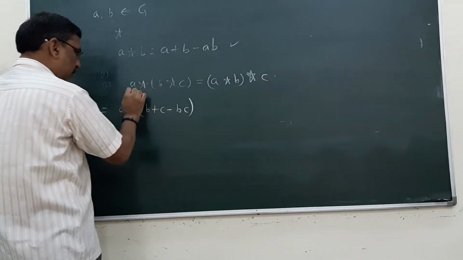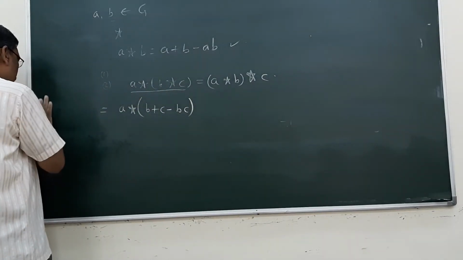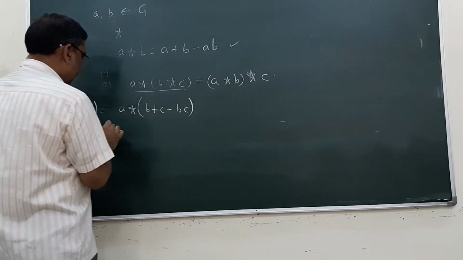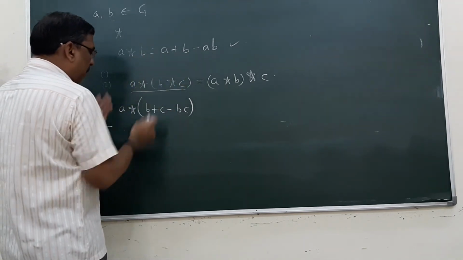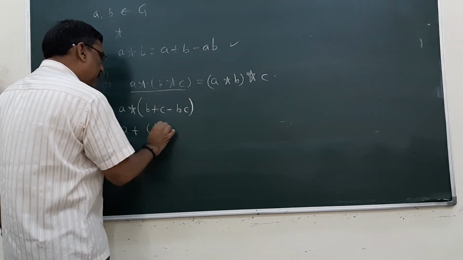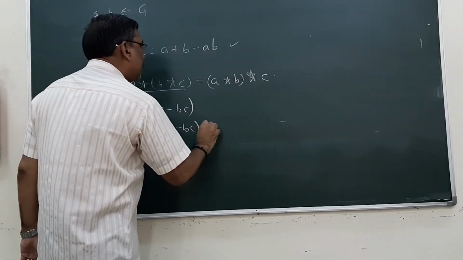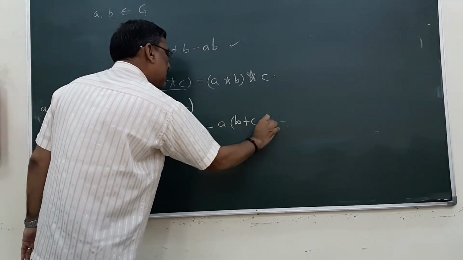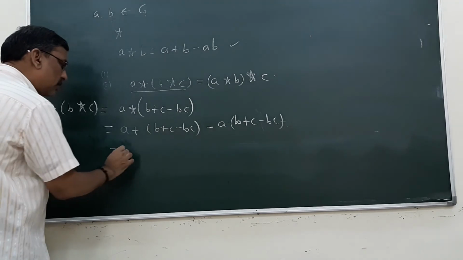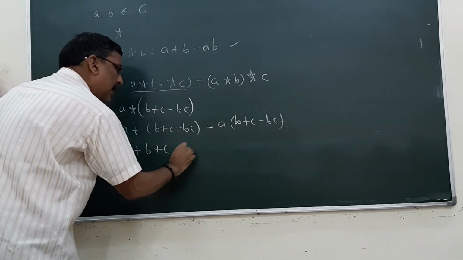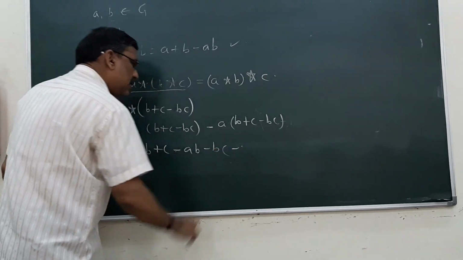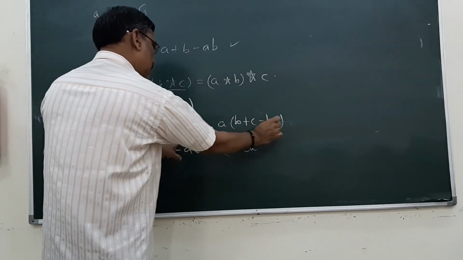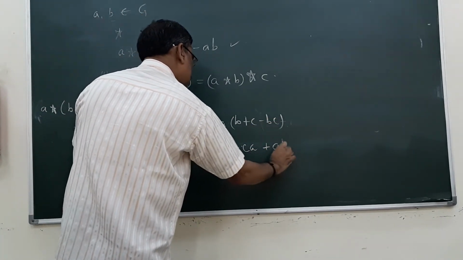So again using this property, A operation (B operation C) is A plus B plus C minus BC minus A into B plus C minus BC, and this is equal to A plus B plus C minus AB minus BC minus CA plus ABC.